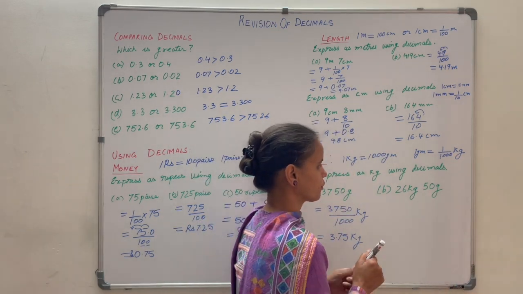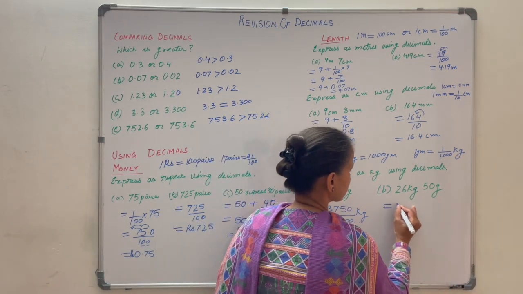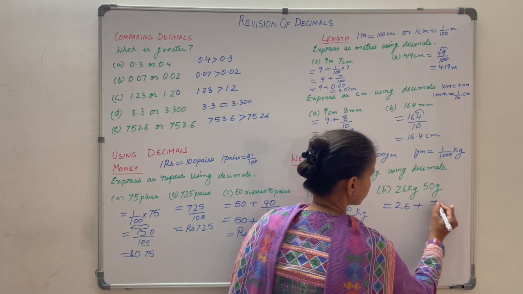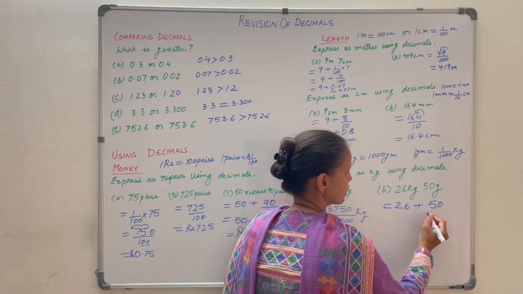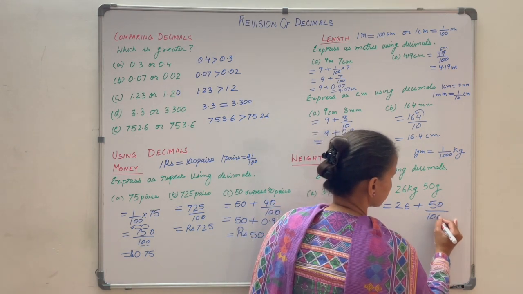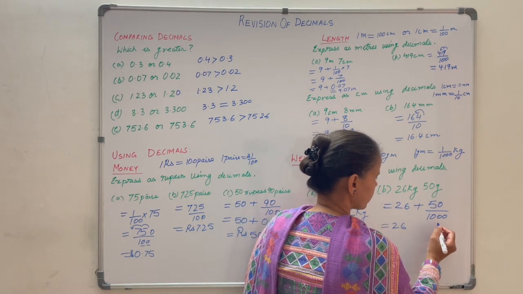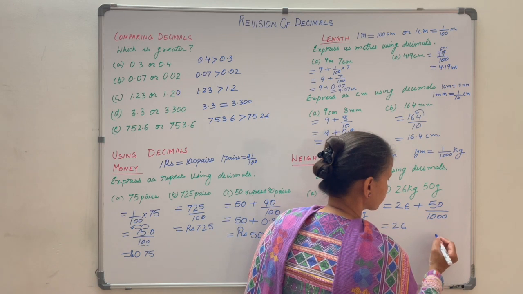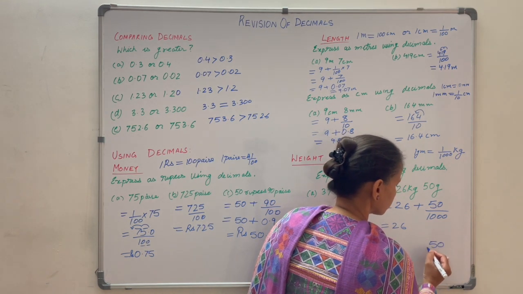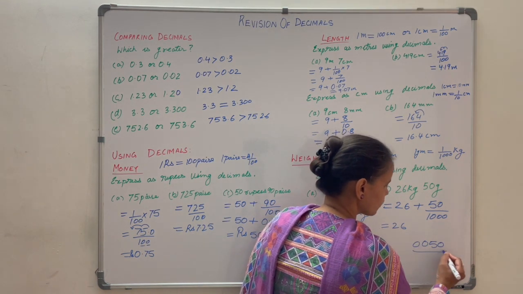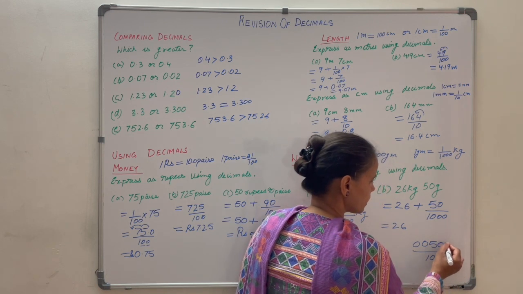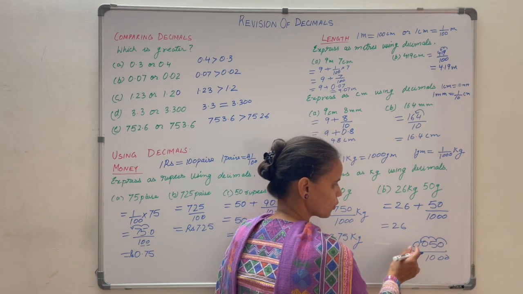26 kgs and 50 grams. So 26 is written as it is. 50 grams needs to be converted into kilograms, so it is divided by 1000. So 50 divided by 1000. You can put as many zeros as you want. You divide by 1000, the decimal point will move 3 digits towards the left-hand side.